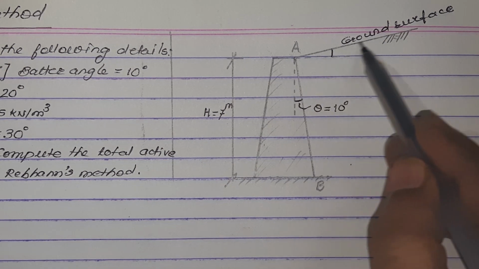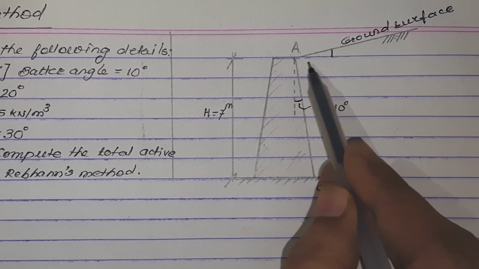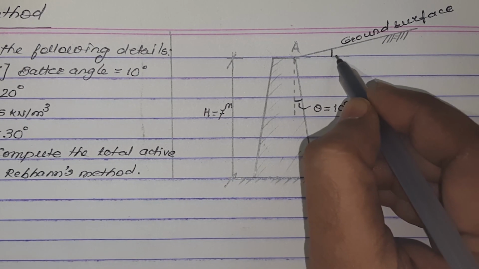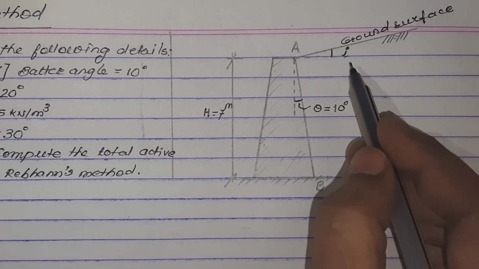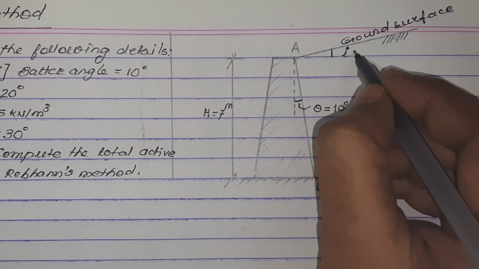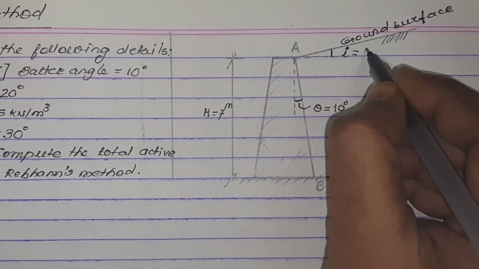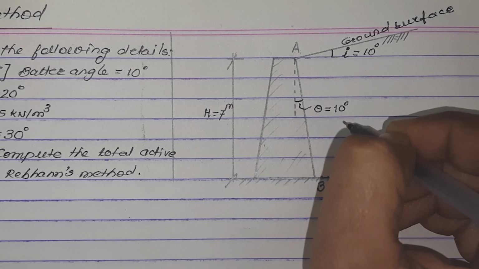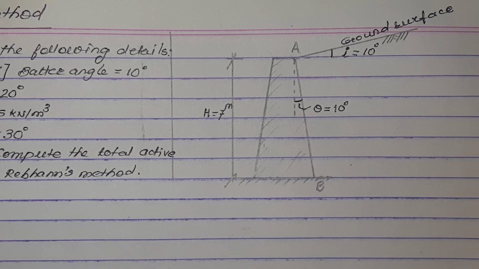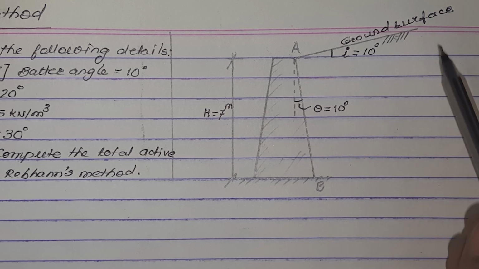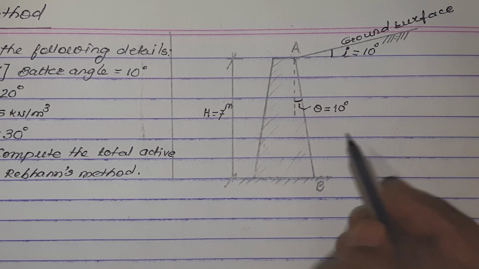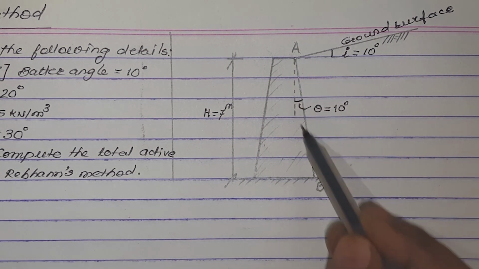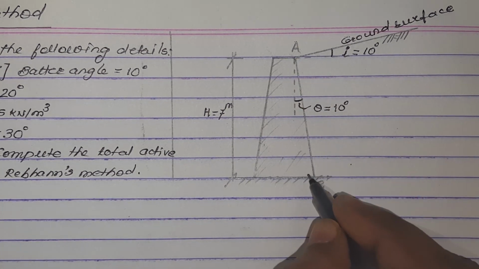This is ground surface, which is inclined to the horizontal. This angle with the horizontal which ground surface makes is denoted by i or beta, which is equal to 10 degrees. It is also called as surcharge angle. We want to find out total active thrust by this backfill, for which we will require angle made by this inclined face with the horizontal.